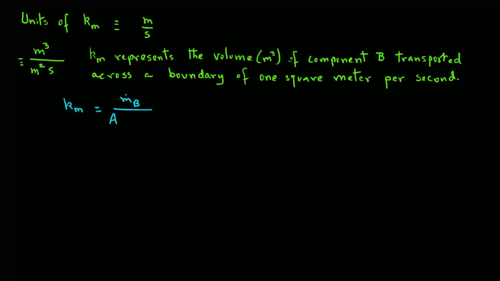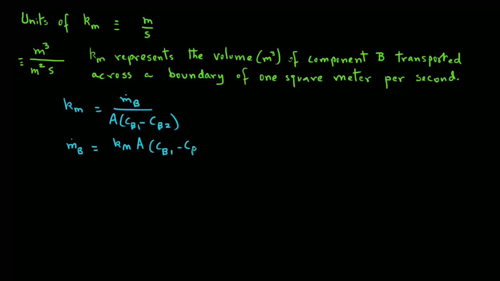So we have Km equals m dot b divided by A times (CB1 minus CB2). We can rearrange these terms as m dot b equals Km times A times (CB1 minus CB2).